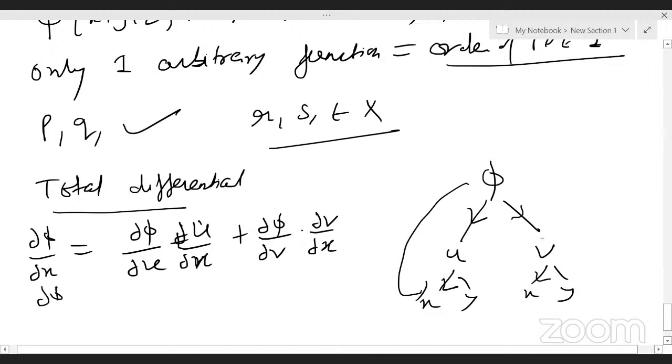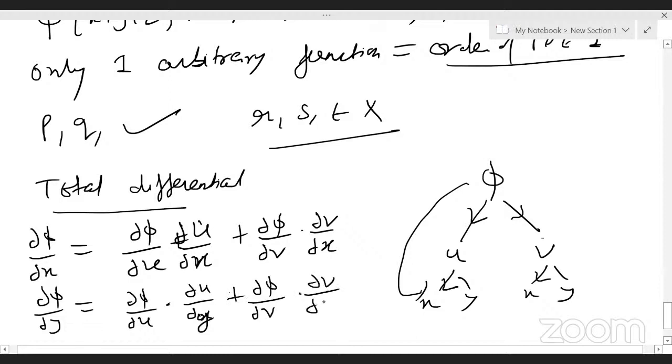Similarly, del phi by del y will be del phi by del u into del u by del y, because we're differentiating with respect to y now, plus del phi by del v into del v by del y. So these are the two things that you have to keep in mind.